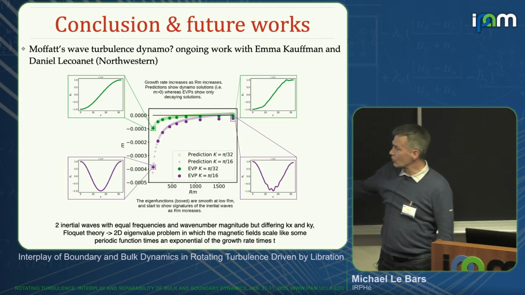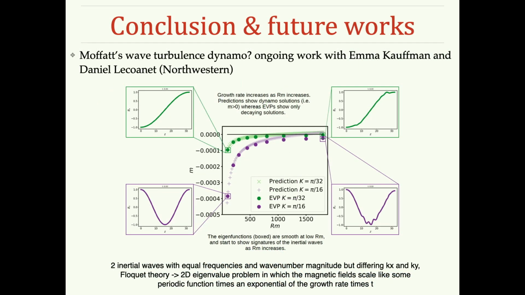So right now we are working with Daniel and Emma Kaufman to look at this alpha theory, but using not the alpha mean field approach, but the real induction equation from the waves. For now we have put in an excitation with only two waves.